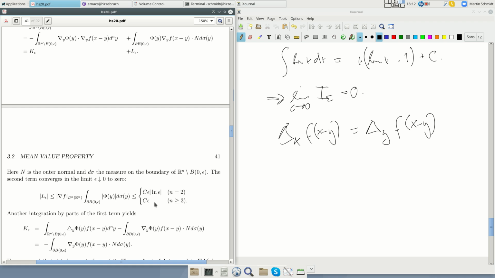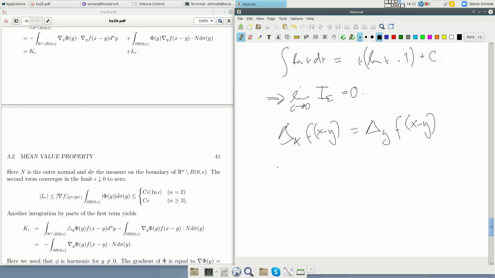Okay, and what is the volume of the boundary? The volume of the boundary of B_epsilon is clearly some constant times epsilon to the power of n minus 1.